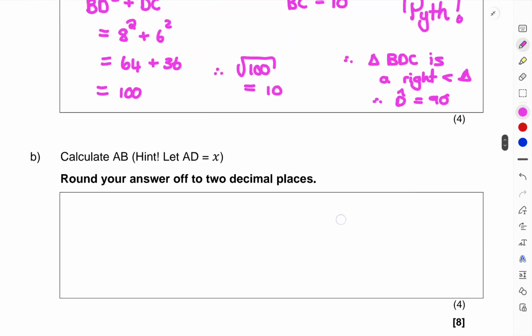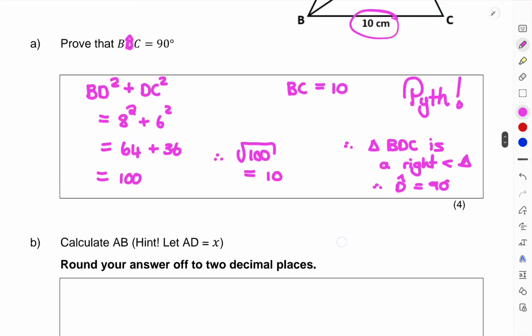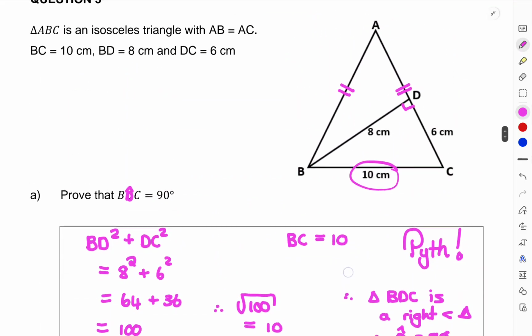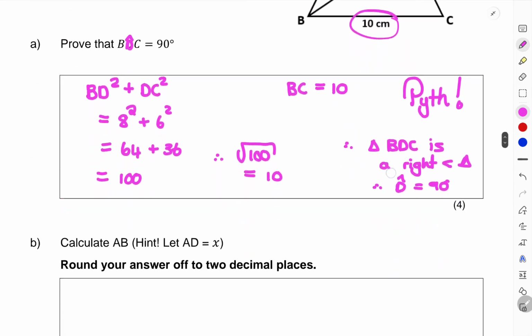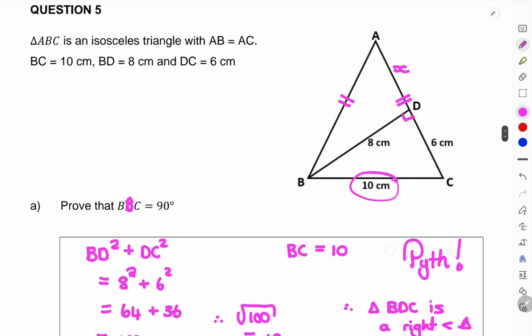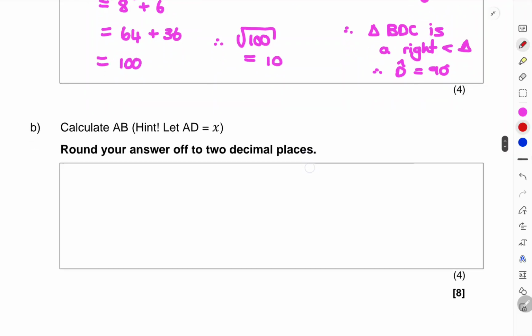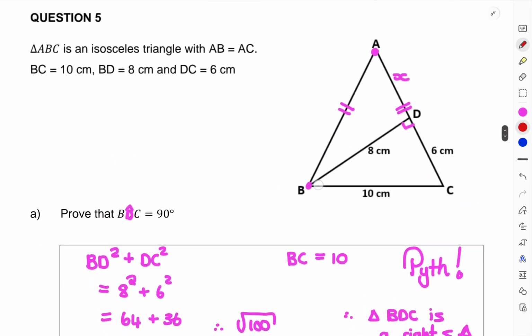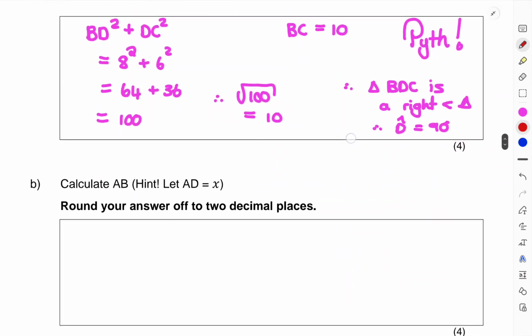Then they say to you, calculate AB. Hint, let AD equal X. So let AD equal X, and they ask you to calculate AB over here. All right, so let's see. What are we going to do? Okay, again, I'm just going to start writing down. This is a higher order question, so it's a little bit harder, and I'm going to do it over here.